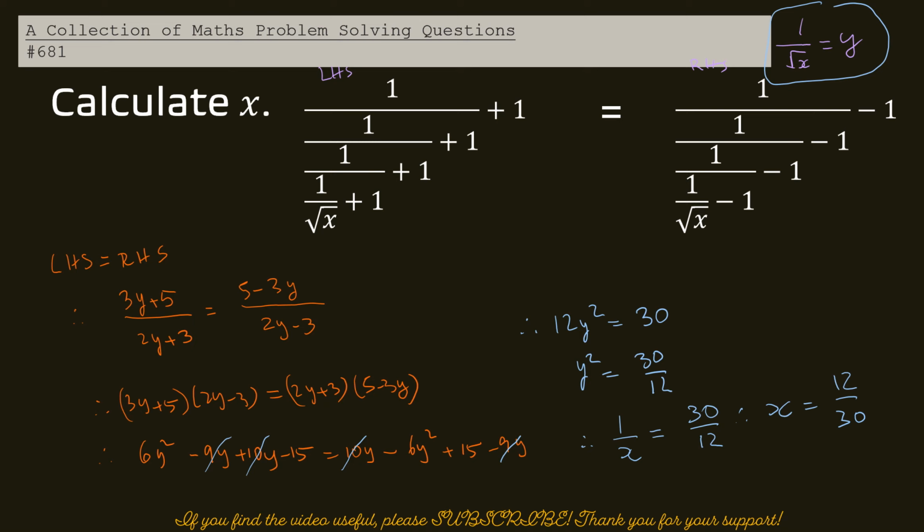If you simplify it, 6 times 2 is 12, 6 times 5 is 30, and therefore our final answer is x equals 2 out of 5. So to calculate x, x equals 2 out of 5.